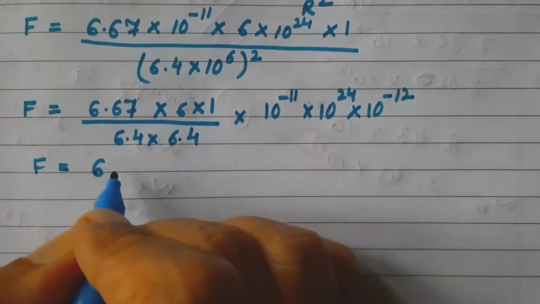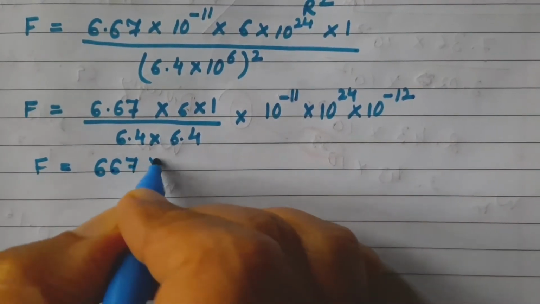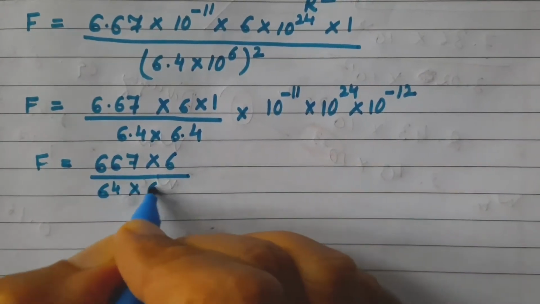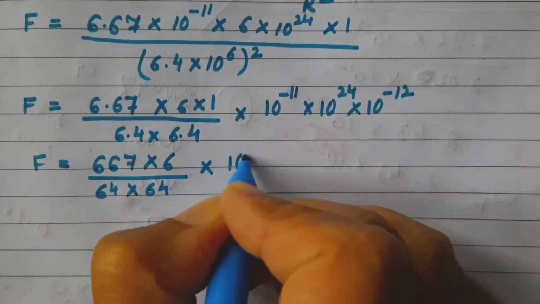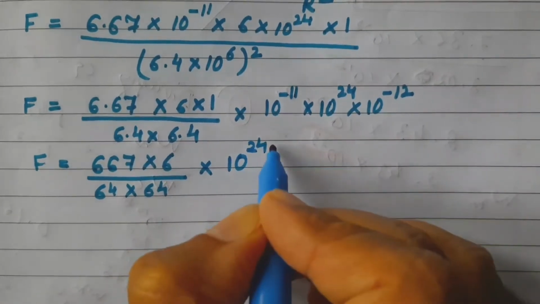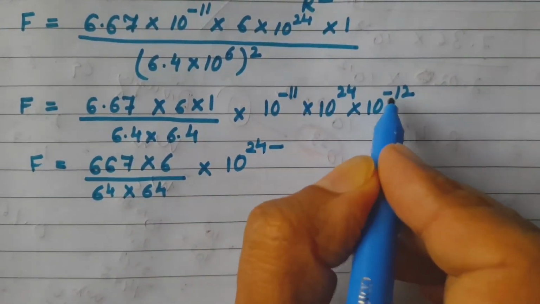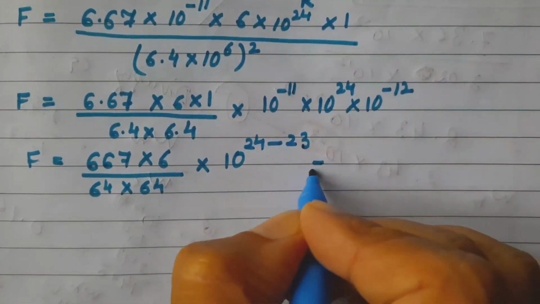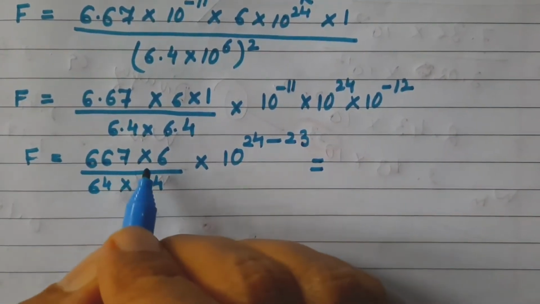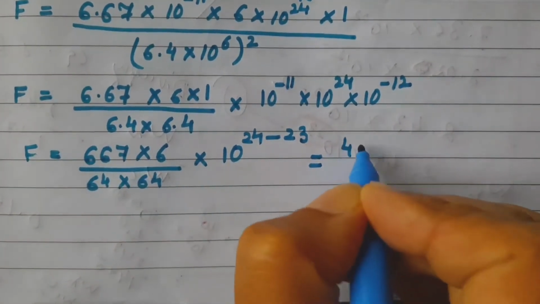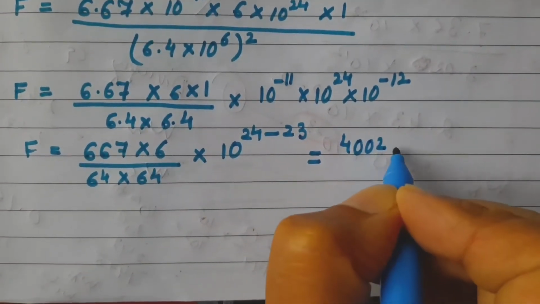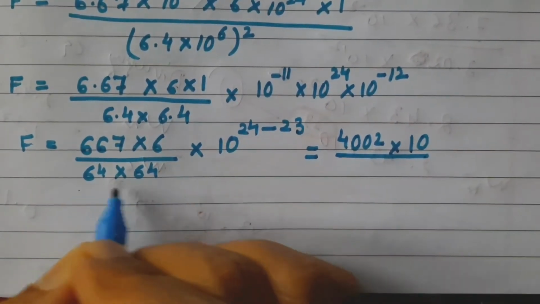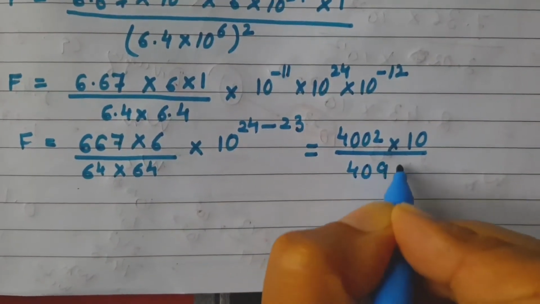We will remove the decimal points now. 667 into 6 ones are 6, upon 64 into 64, into 10 to the power 24 minus 11 minus 12, which will become 10 to the power 23. 667 into 6 is 4002, into 10 to the power 24 minus 23, that is 10 to the power 1. 64 multiplied by 64 is 4096.